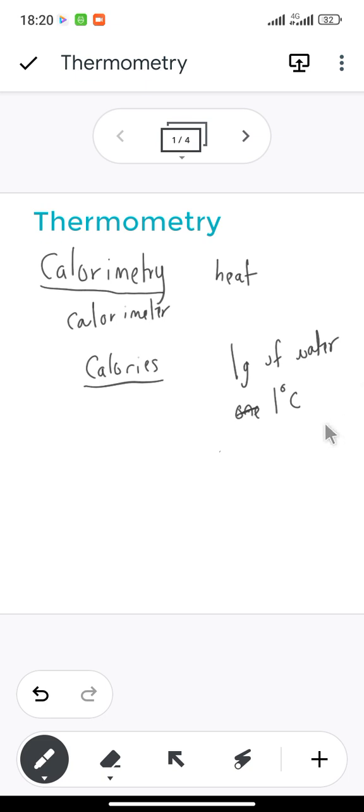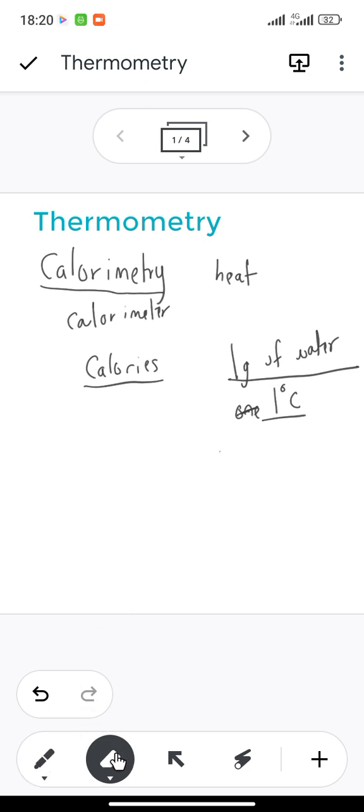That is the definition of the unit calorie. Sorry, just calorie, not calories. If they ask you what is a calorie, that's the definition.